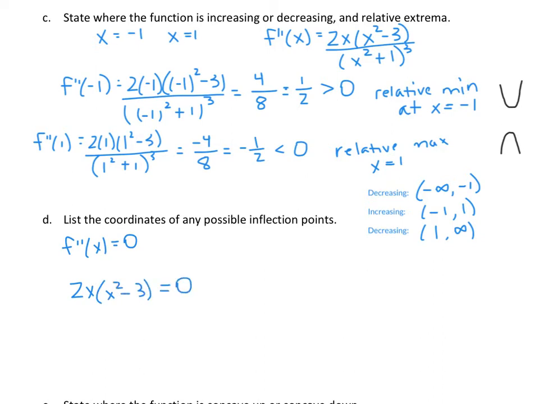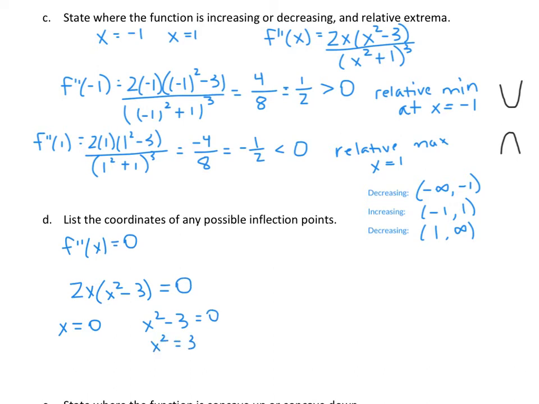When the numerator is equal to 0, the second derivative function is equal to 0. So we're going to set each factor to 0. We get x equal to 0, and then x squared minus 3 equal to 0. If we add 3 to both sides, we get x squared equal to 3.